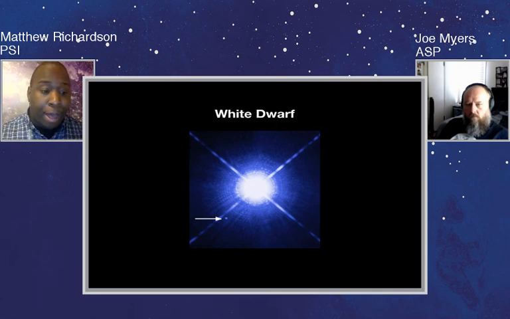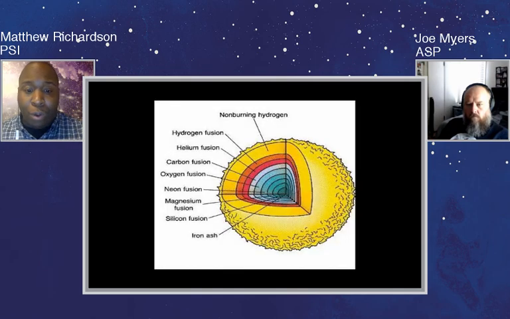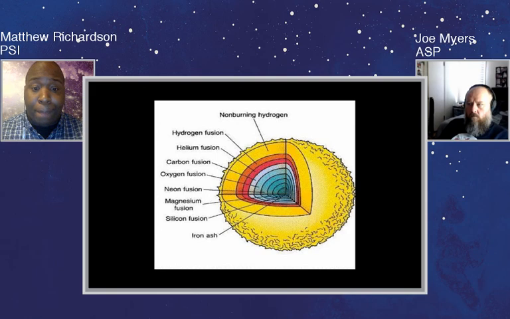But for much higher mass main sequence stars that go into the process of dying, we can get a situation where we're producing much higher mass elements. Specifically, we can go from producing carbon within our core to producing elements all the way up to iron. And once we've gotten to the point where we're producing iron in the core, we can't produce elements past iron.